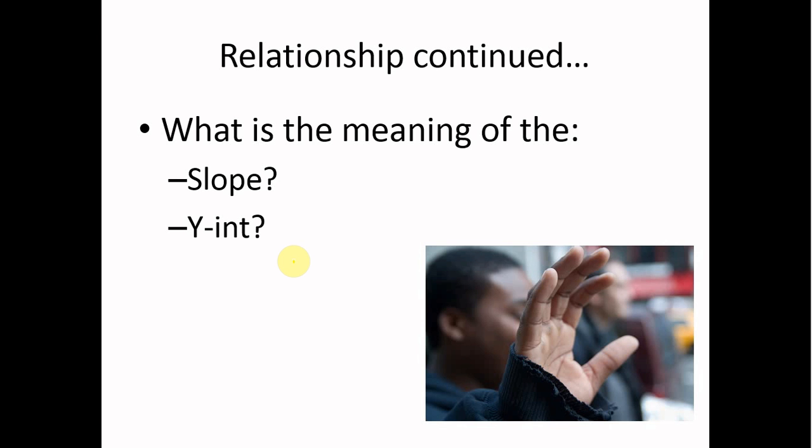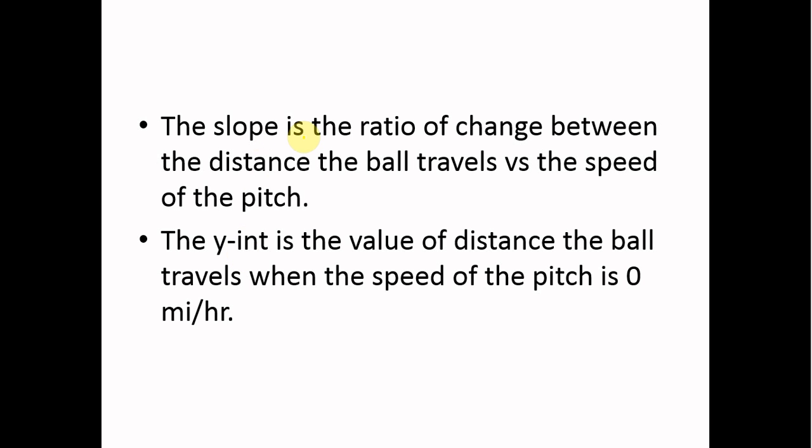All right, so slope, again, in math, it's just rise over run, or a mathematical thing. It actually means something in reality, and so the slope is the ratio of change between the distance the ball travels and the speed of the pitch right there.